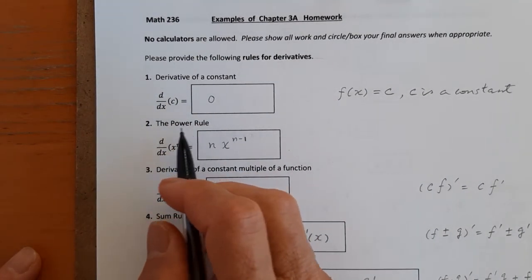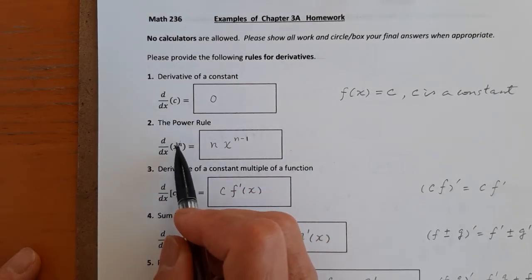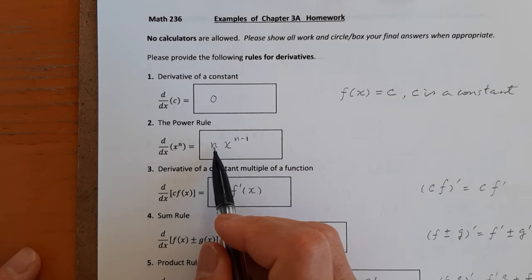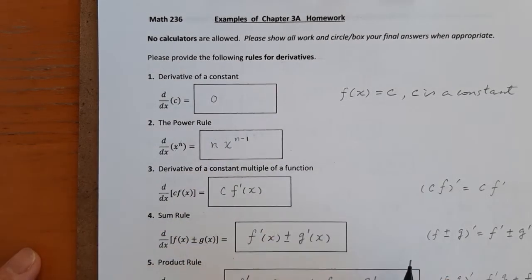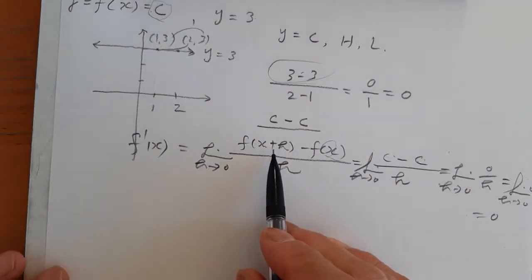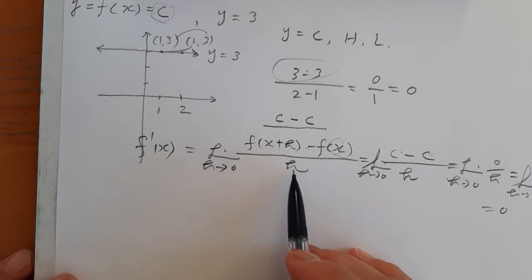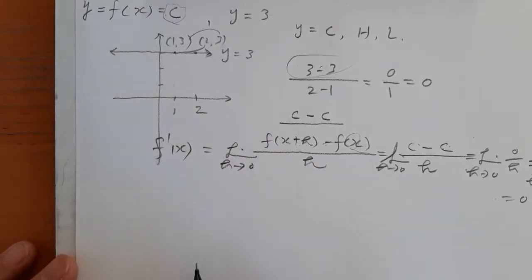And the power rule is: x to the power n, take derivative, is n times x to the power n minus 1. And why is this? Just use this definition, f of x plus h minus f of x over h, limit h approaches 0. That's f prime of x.